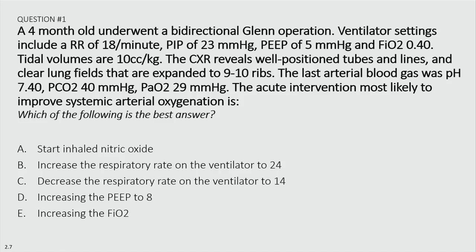The acute intervention most likely to improve systemic arterial oxygenation is: A, start inhaled nitric oxide; B, increase the respiratory rate to 24; C, decrease the respiratory rate to 14; D, increase the PEEP to 8; or E, increase the FiO2.